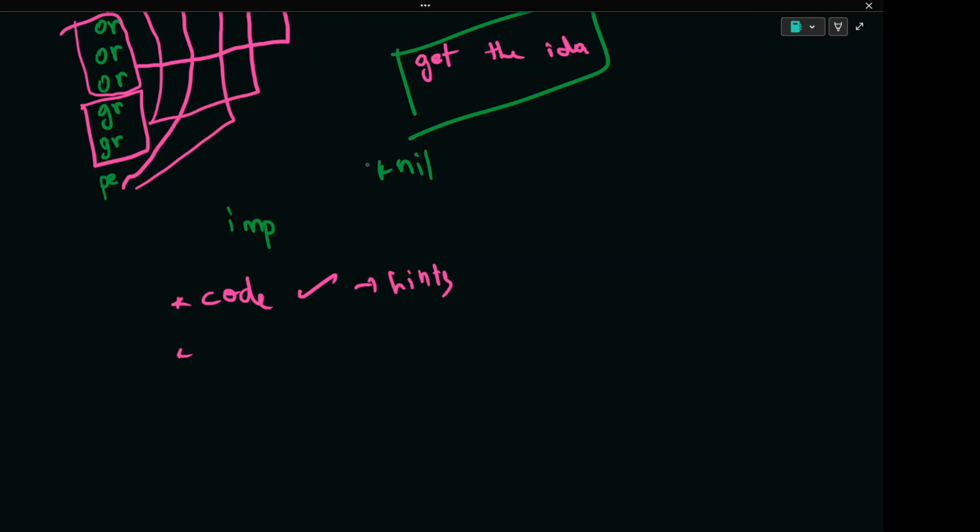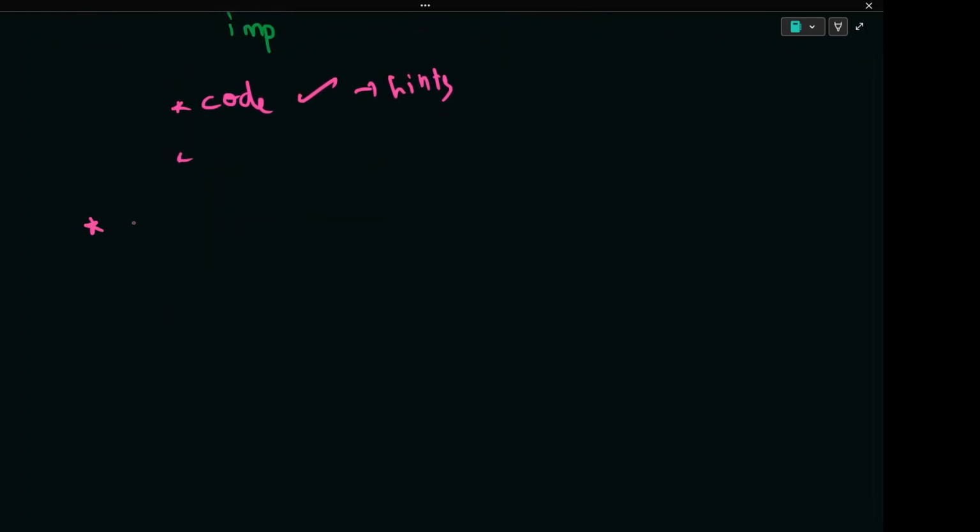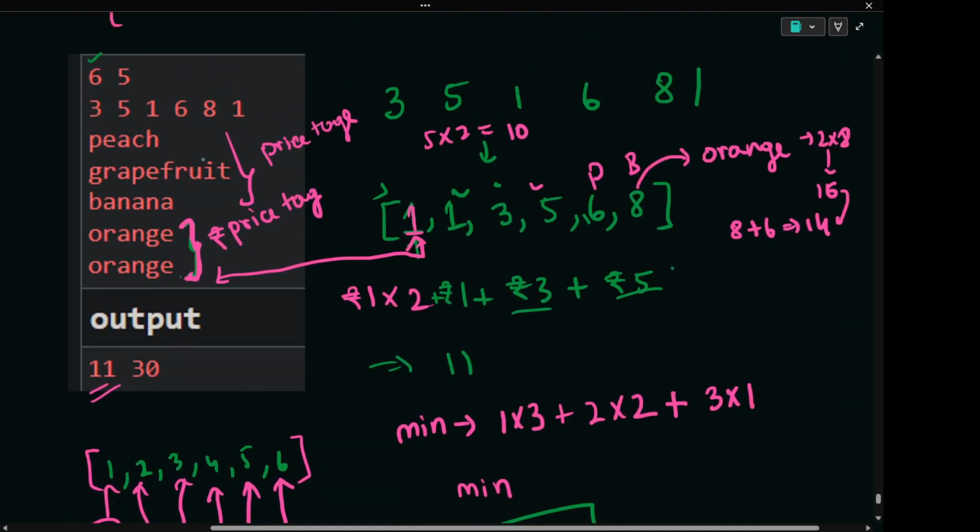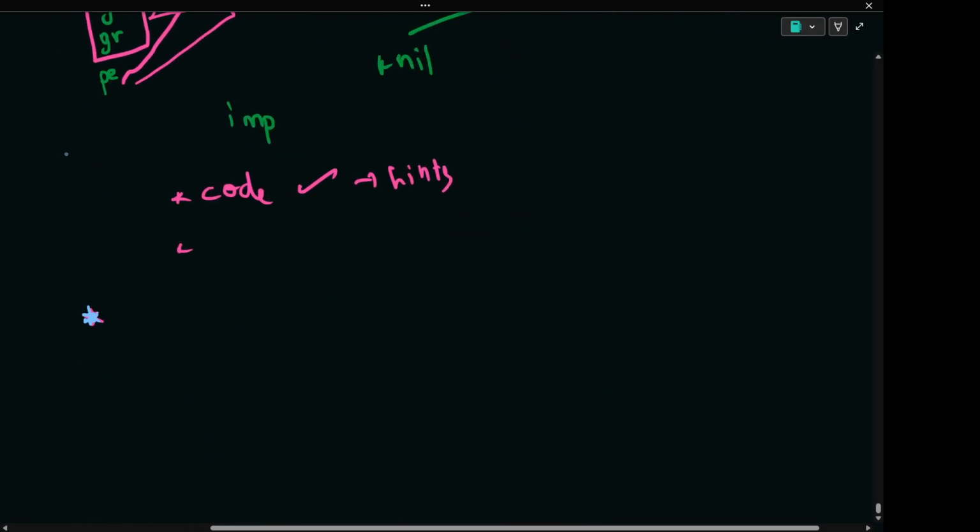So the hints would be nothing but this. If you don't know, you have to go learn the topics. So first, we saw that we need the frequency, correct? We need the frequency of each fruit.